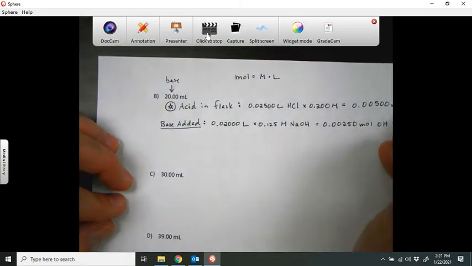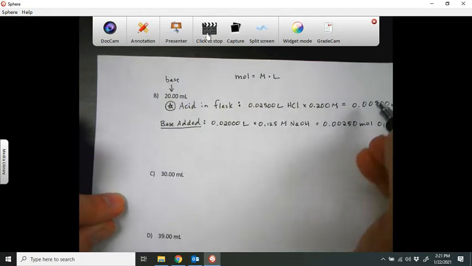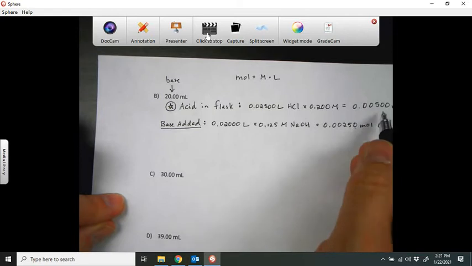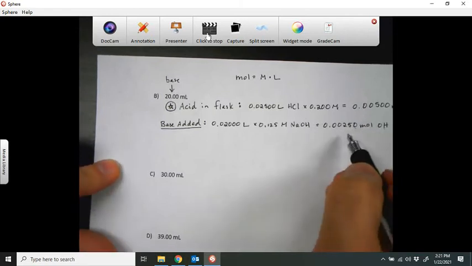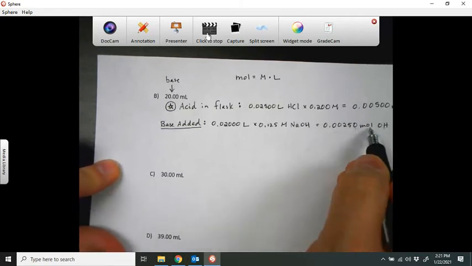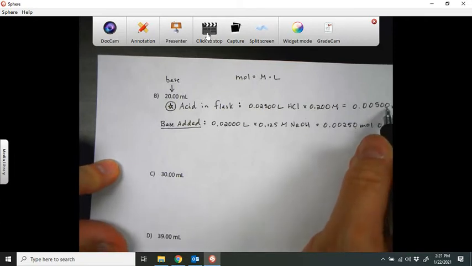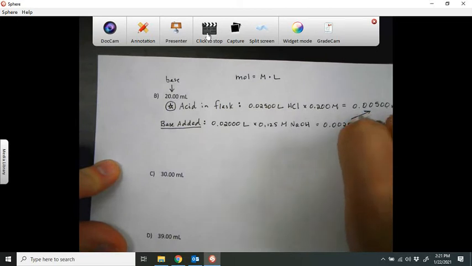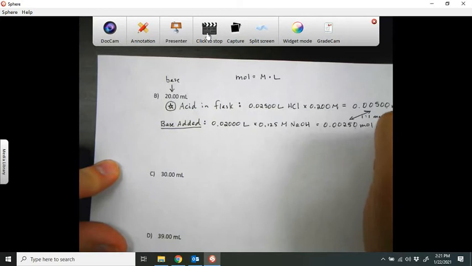Now remember, these are in a 1-to-1 mole ratio. The base is smaller than the acid. So this much base is going to be used up, and it's going to take away an equivalent amount of acid. These are in a 1-to-1 mole ratio.